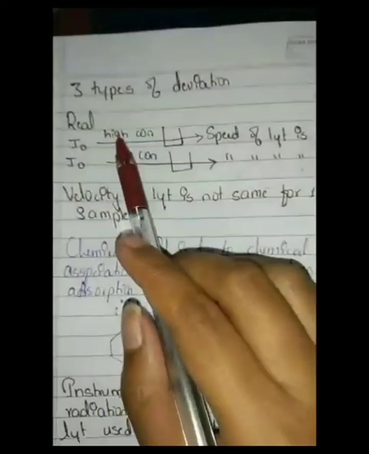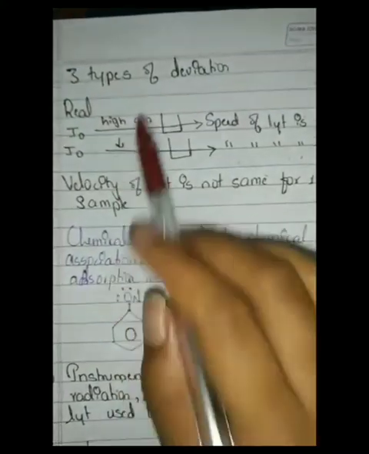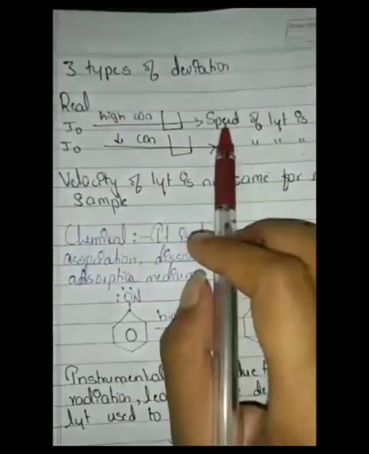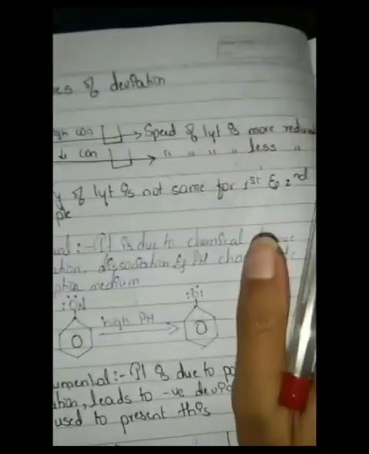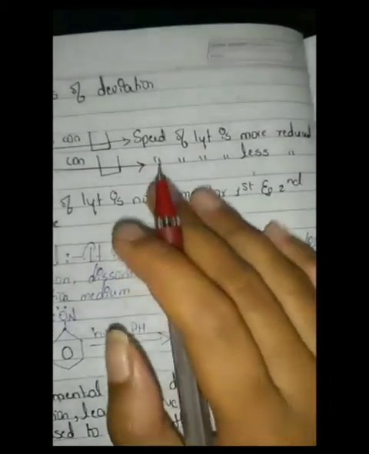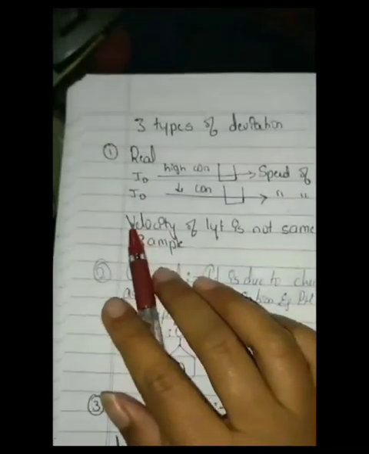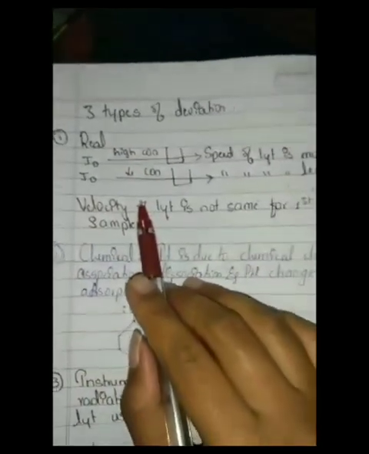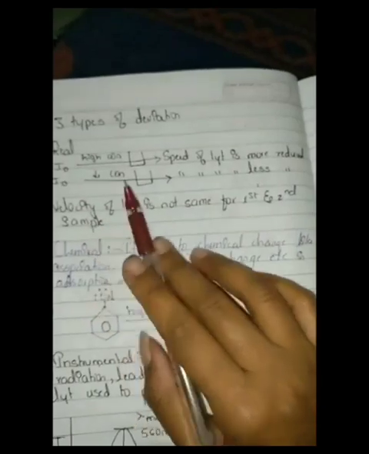Here we take two samples. In the first sample the speed of light is more reduced. In the second sample everything is the same, but it has a low concentration. The outcome is that the speed of light is less reduced, and this is the point of the real deviation. The velocity of light is not the same for the first and the second sample.